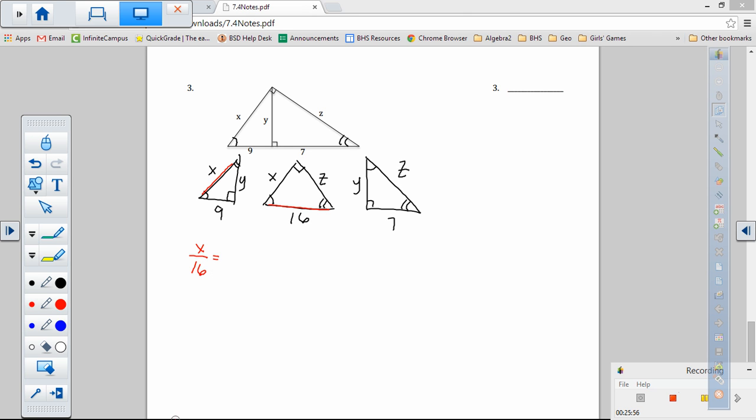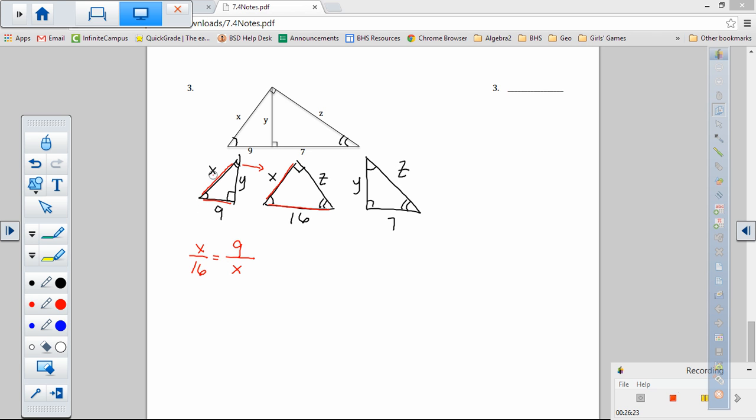as, and then I have to figure out what is to x because I'm trying to solve for x. So I'm going in this direction. X is to 16 as what in this left triangle is to x in the right triangle. So you have to find what markings does x have. It's between the right angle and 1. So 9 is between the right angle and 1.